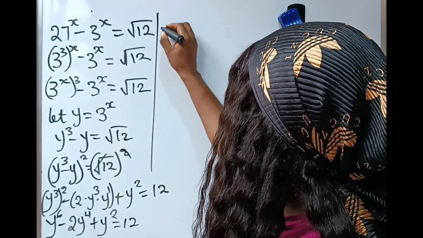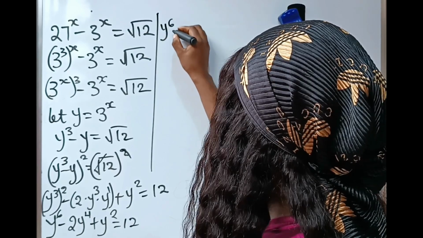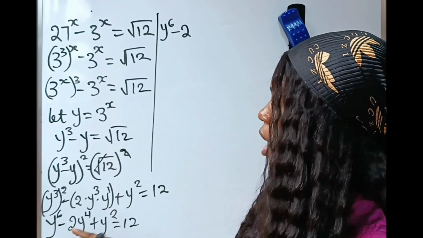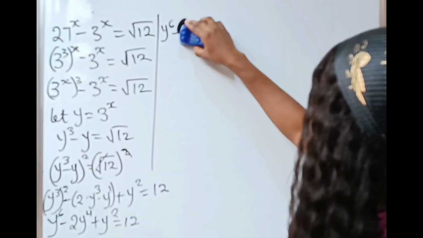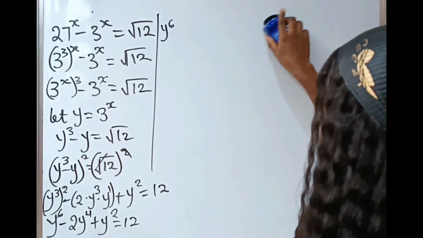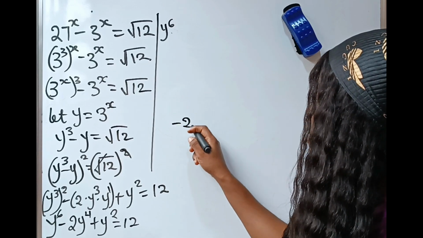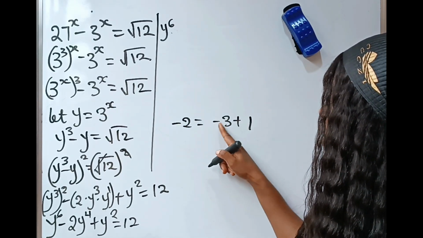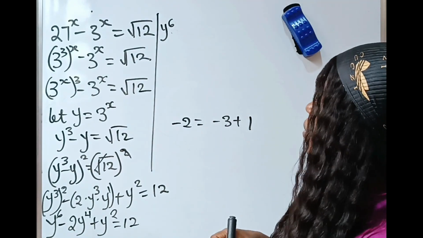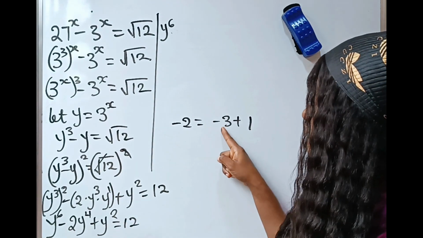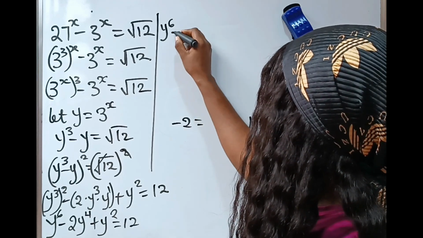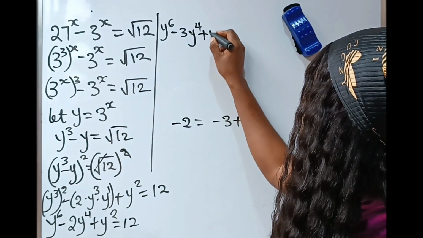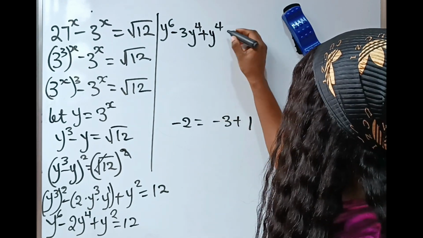Okay, so we have y to the power of 6 minus 2y to the power of 4, plus y squared, is equal to 12. Now minus 2 is the same thing as minus 3 plus 1, right? Because 1 minus 3 will give us minus 2. So we can rewrite this as minus 3y to the power of 4 plus y to the power of 4, right?